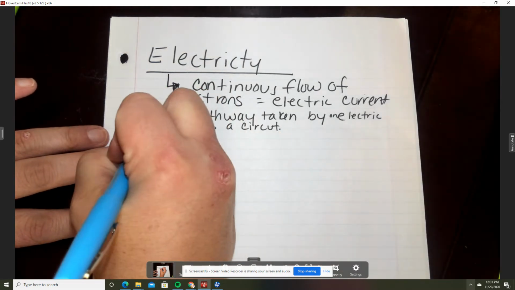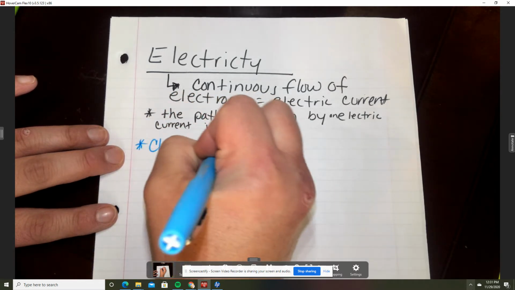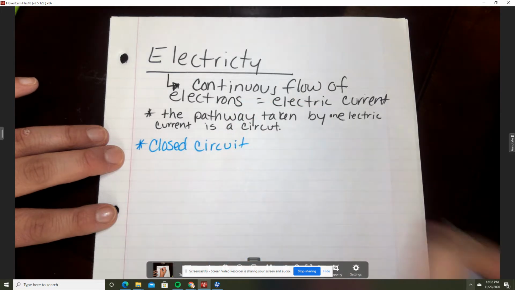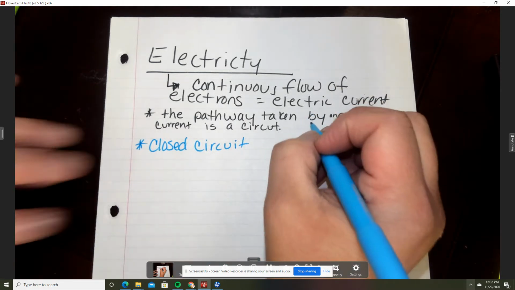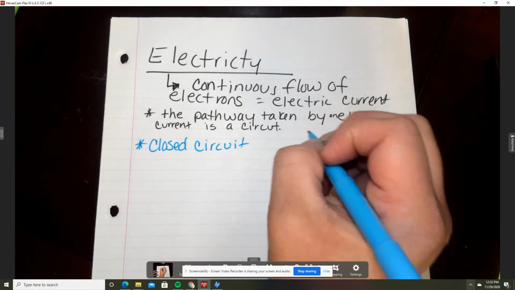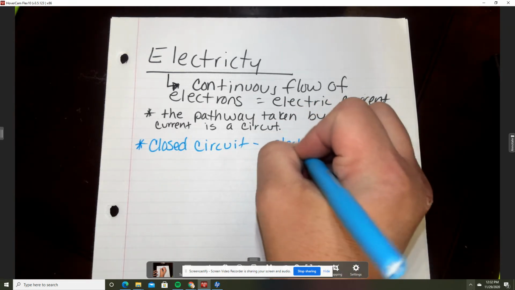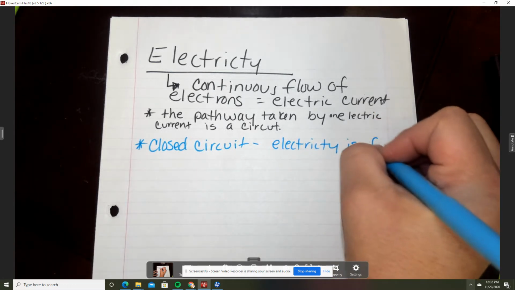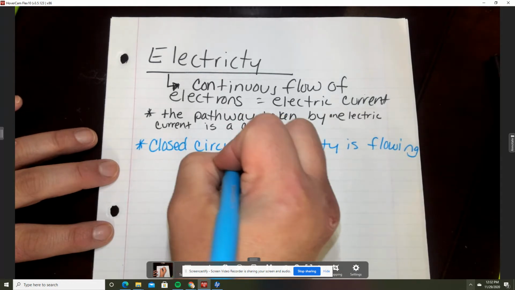All right, so we have a closed circuit. And that is when all the electricity is flowing. This is lights on.